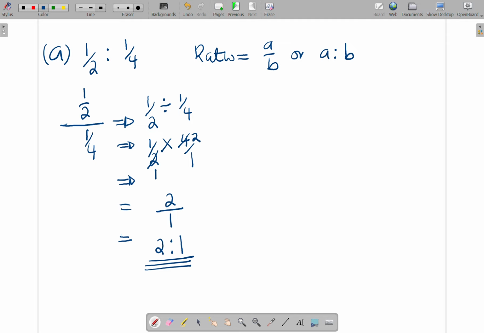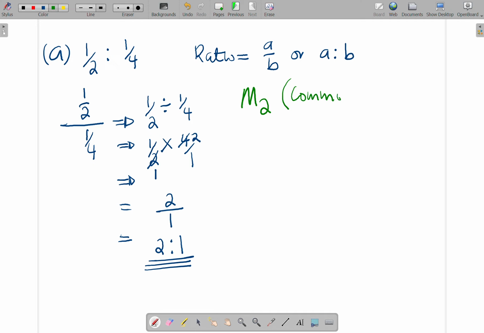This is method 1. Method 2 I'm calling common denominator. So for M2, method 2, we are now using common denominator.